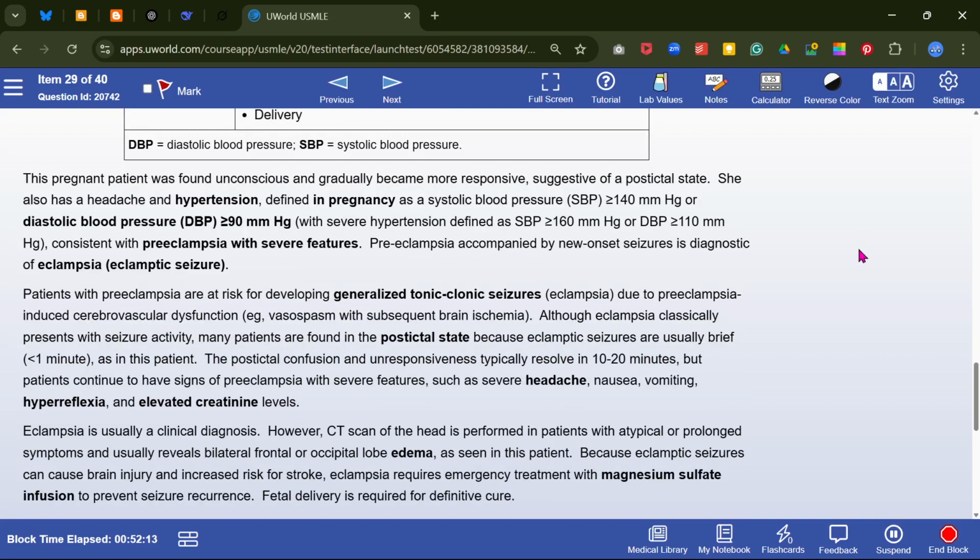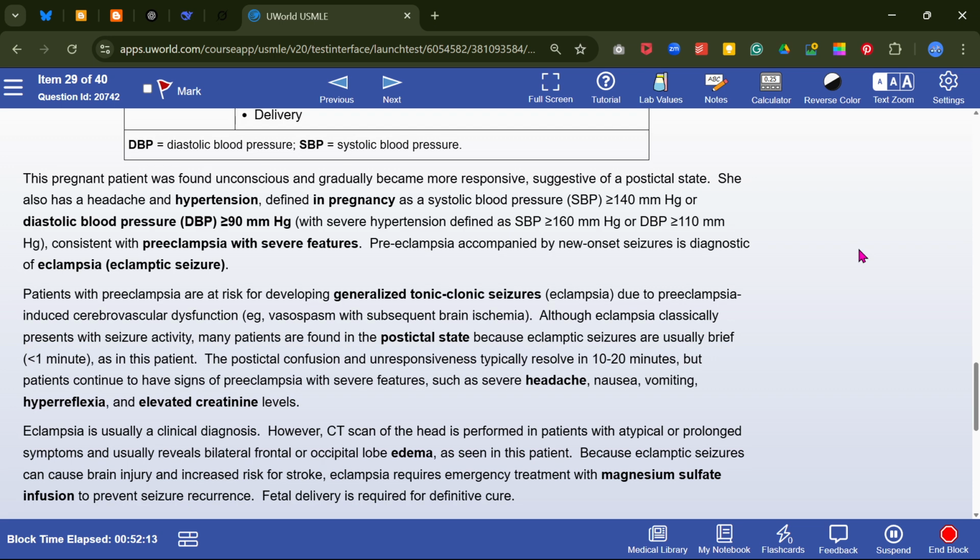Patients with preeclampsia are at risk of developing generalized tonic-clonic seizure, eclampsia, due to preeclampsia-induced cerebrovascular dysfunction, vasospasm with subsequent brain edema. Although eclampsia typically presents with seizure activity, many patients are found in the post-ictal state because eclamptic seizures are usually brief, less than 1 minute.